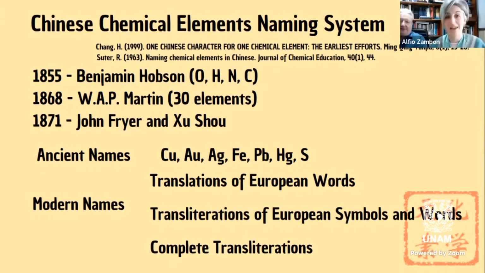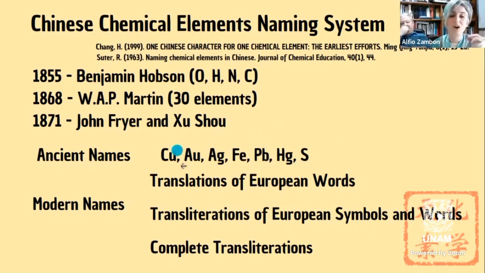W.A.P. Martin and his colleagues added 30 elements to that list. The ones that were kept since 1855 were the ancient names for copper, gold, silver, iron, lead, mercury, and sulfur.